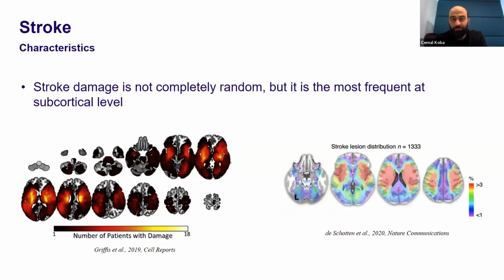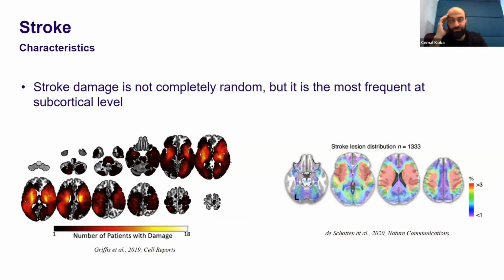So although some subjects will get away with damage around here, in the bigger picture, when we investigate the effect of stroke, we are mainly investigating the effect of subcortical ischemic damage on the brain function. However, all the subjects have different effects, so it is hard to make group level analysis in this scenario.